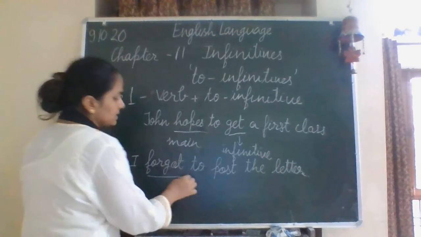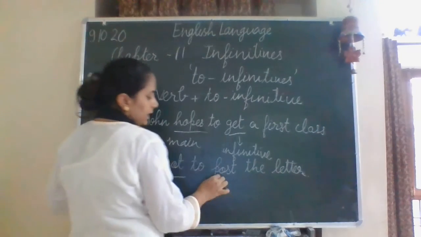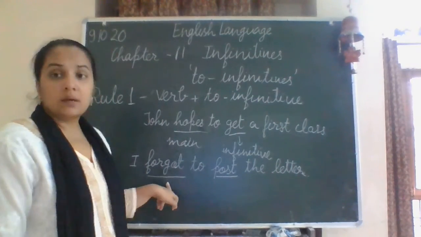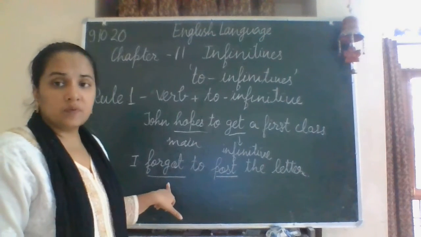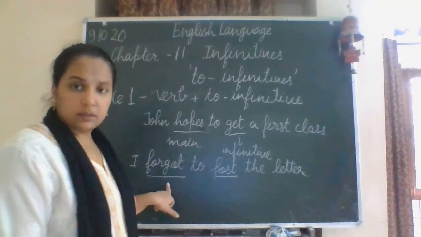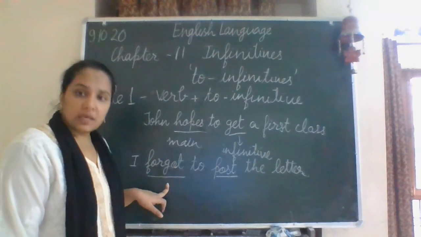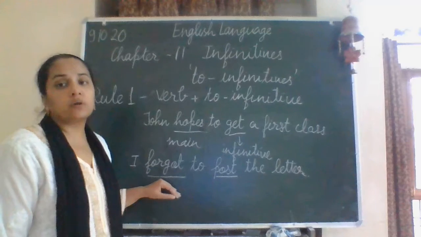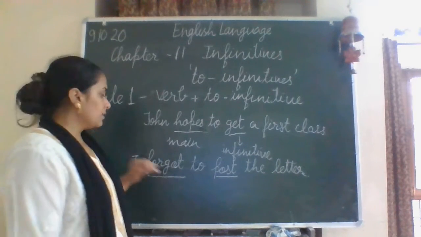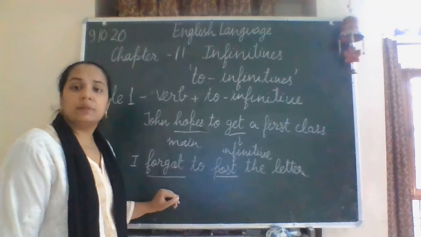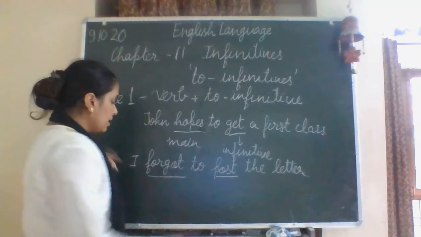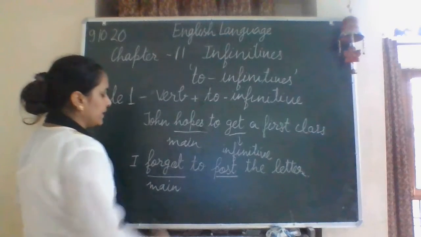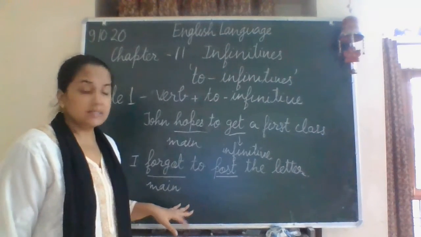The first one is forgot and the second one is post. Forgot is the past form of the verb forget. Here, to forget is the base form of the verb and forgot is the past form or the second form of the verb. That's why this is the simple past tense. So this is the main verb of the sentence on the basis of which we can determine the tense.